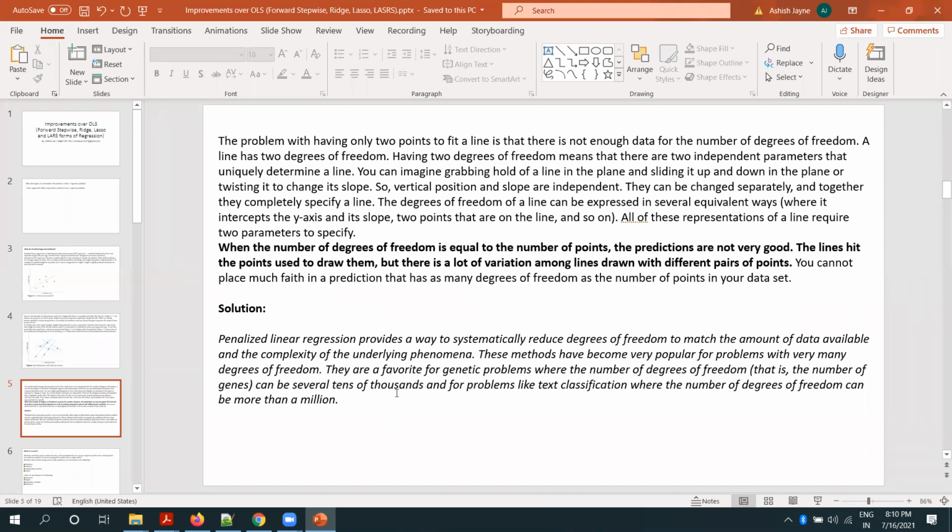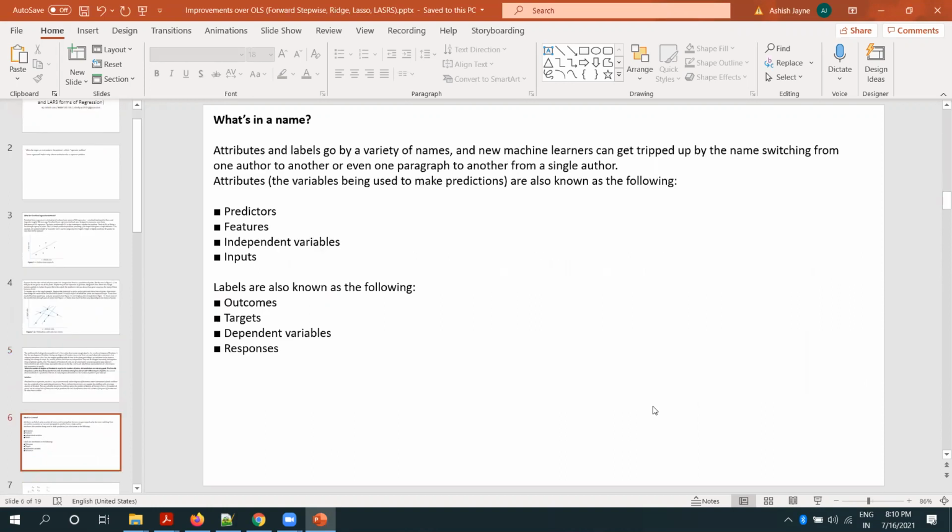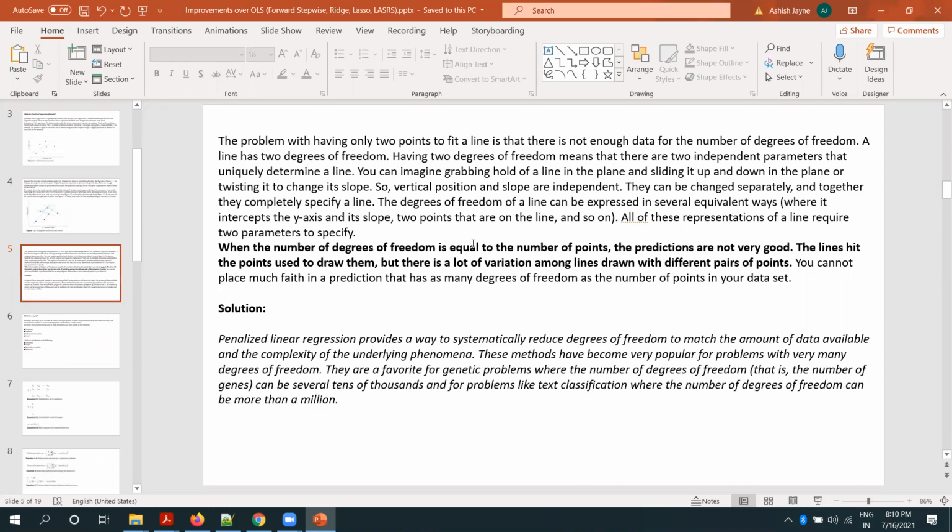Now, if you don't have too much data and you have to somehow work with an algorithm, then if the number of points is equal to the number of degrees of freedom, predictions are not very good.